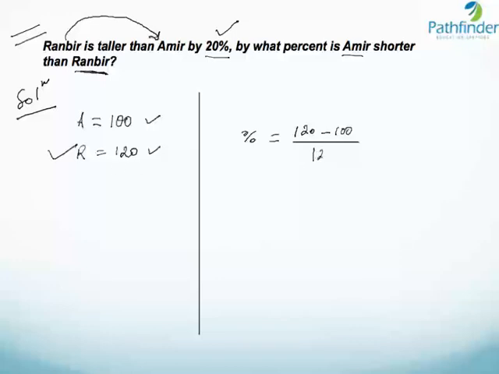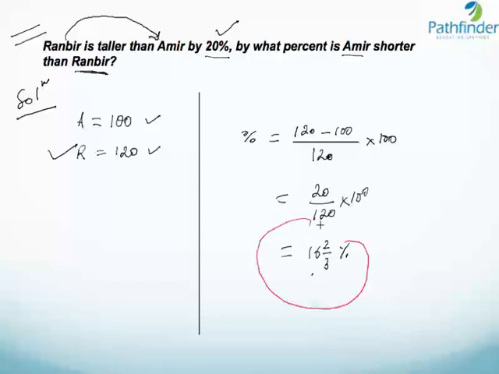So 120, multiplied by 100. So what do you get as the answer? 20 upon 120 multiplied by 100, which is nothing but 16 2/3%. So if Ranbir is taller than Amir by 20%, Amir is shorter than Ranbir by 16 2/3%.